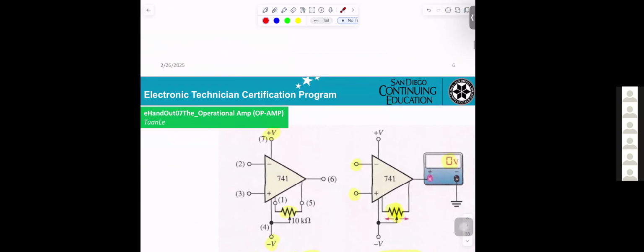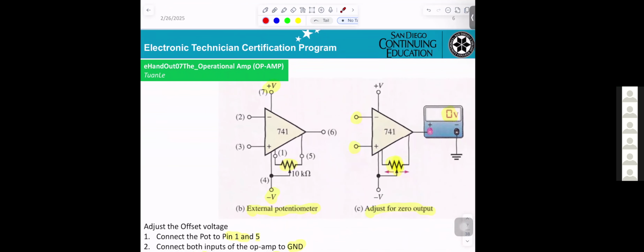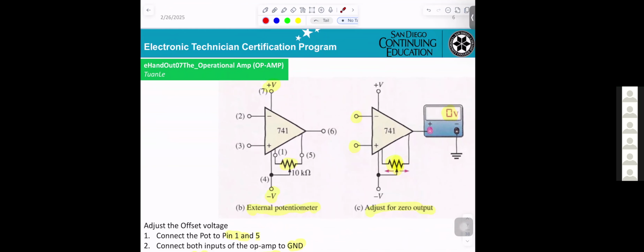They're supposed to be zero, but they're not. Okay? So when you do the lab, you also deal with that. In order to do so, you make the connection like this one. This is the external potentiometer to adjust for zero output.